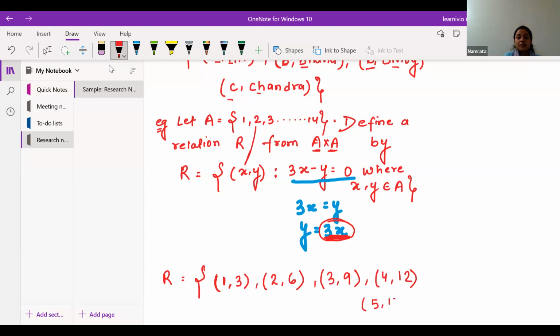No, we cannot, because set A doesn't contain 15. The elements of A are 1, 2, 3, 4 till 14, and the relation must come from A cross A. A cross A will not contain 15, right? So this is the required relation.